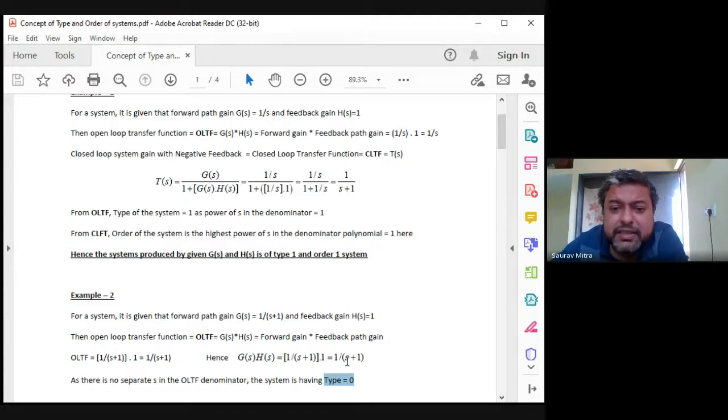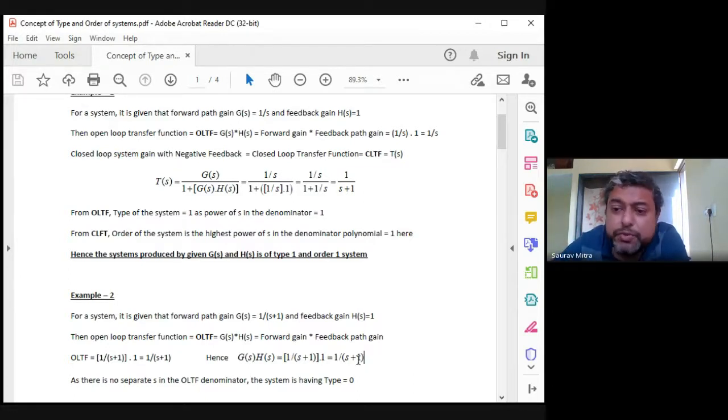So how many S are there in the denominator of GSHS? 1 by S plus 1. So what is the power of S? S is equal to 0. So S tends to 0. How much is the value of S tends to 0? Sir, anything tends to 0 is 1. Yes, sir.